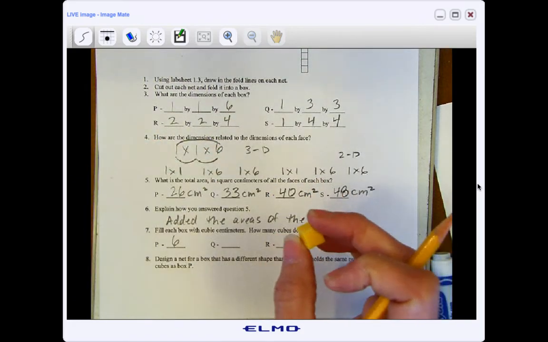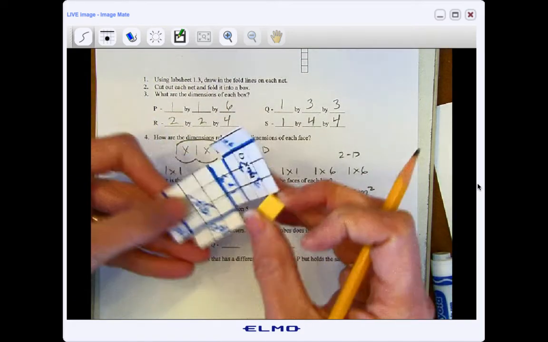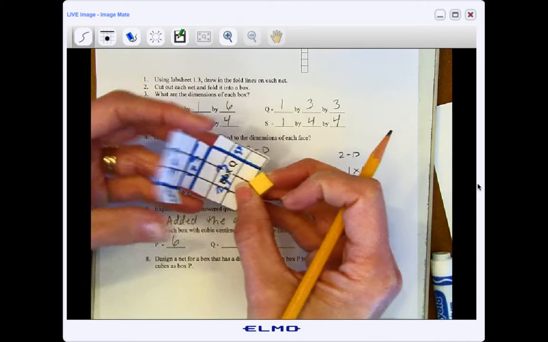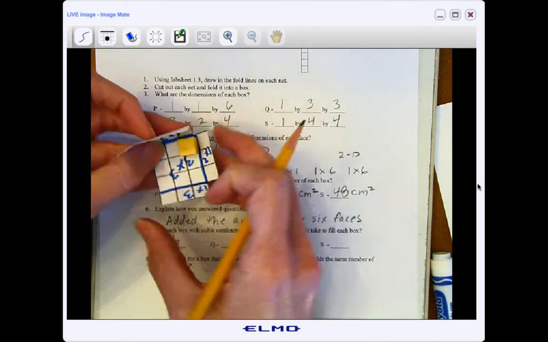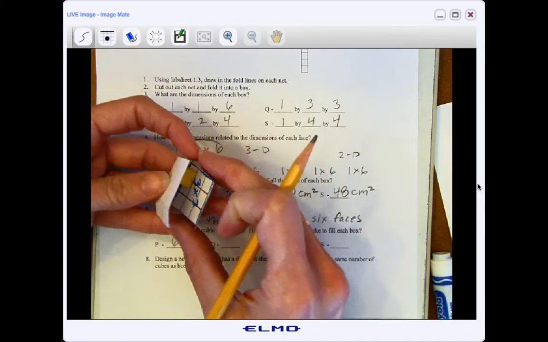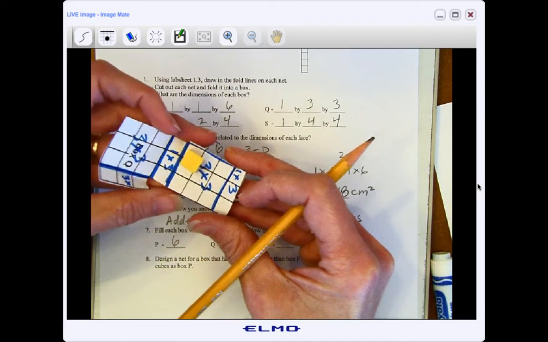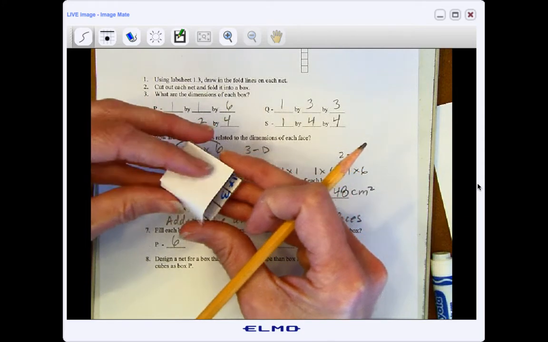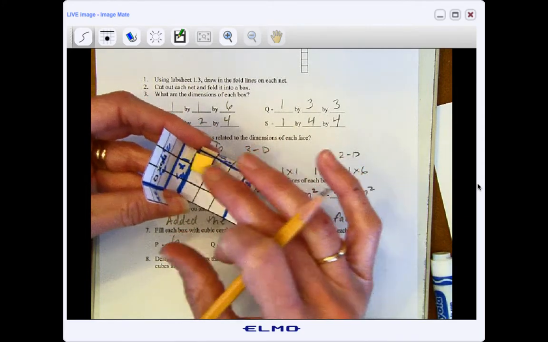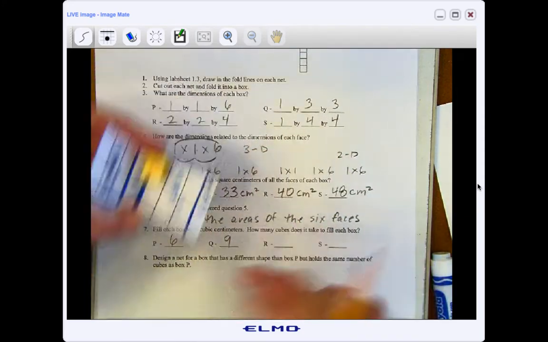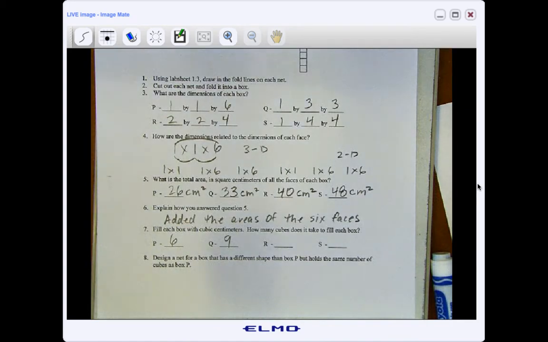How about for box Q? How many little cubes would I need to fill this? Fill that in there. How many blocks would you need? See, I just need 1 layer of 9. How about for R? What do you think its volume is?